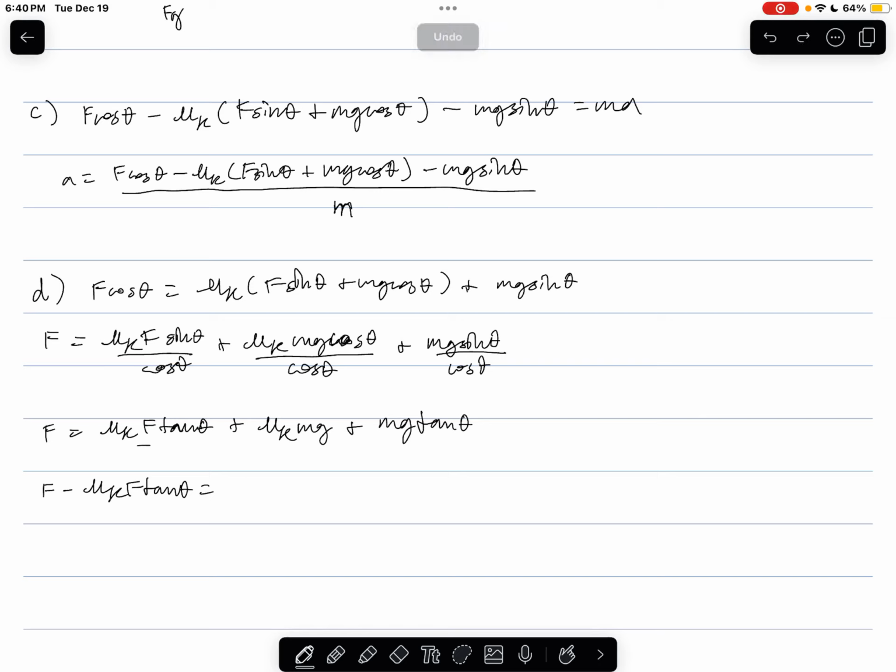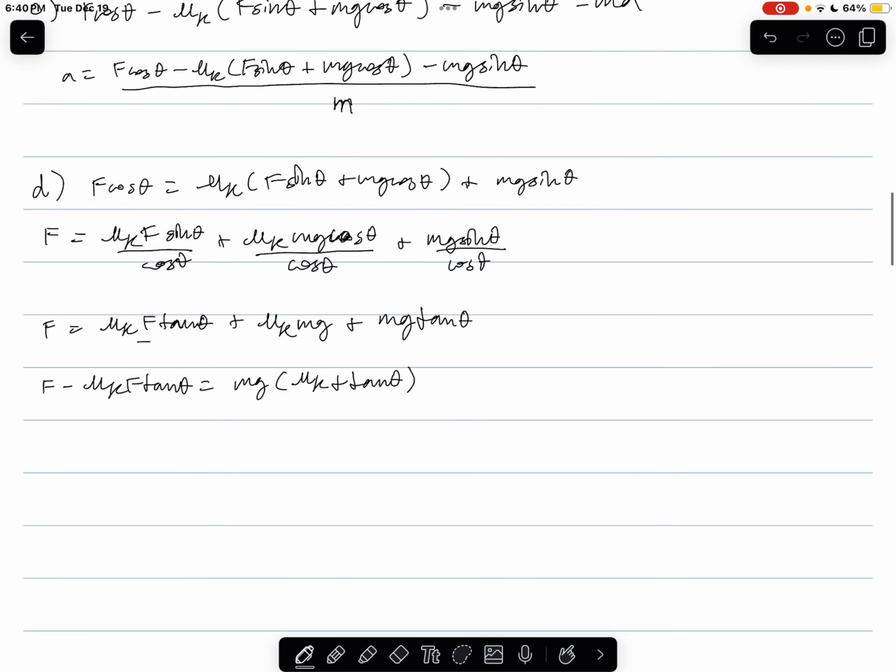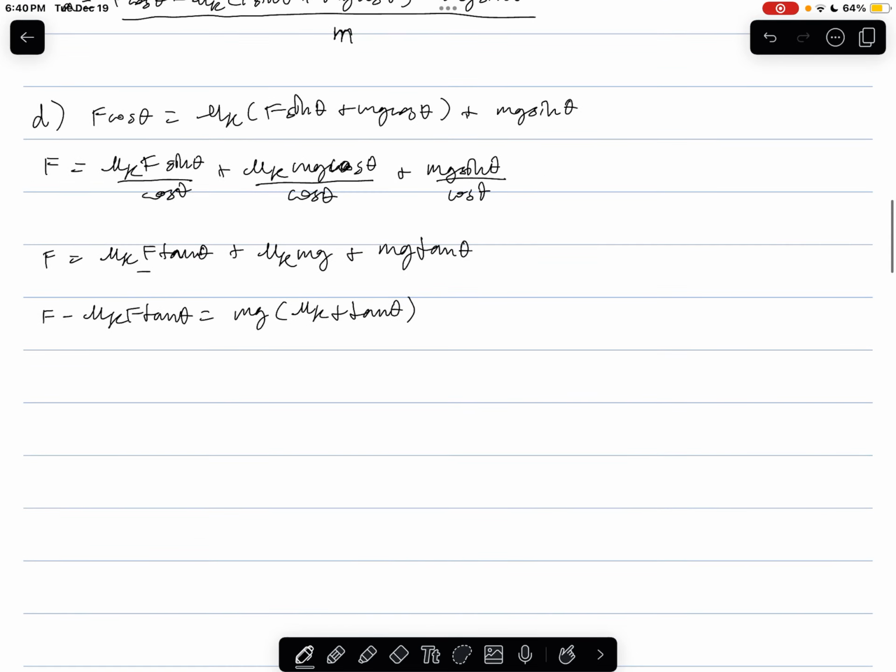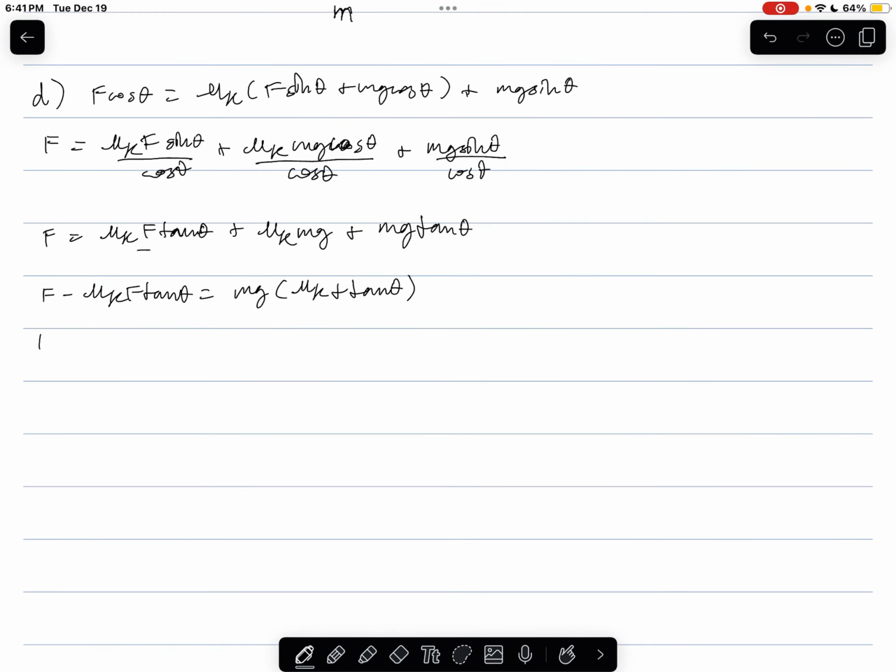And then for this side, there's both Mg, so I can take Mg out. And then I can take F out, so then that'd be F times (1 minus mu k tan theta) equals Mg times (mu k plus tan theta).